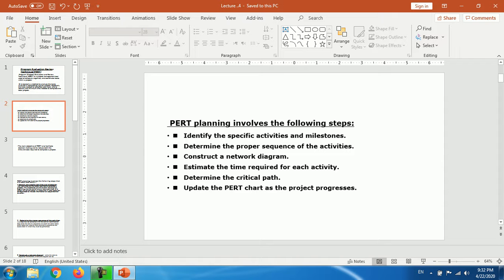Number 3. Construct a network diagram. Number 4. Estimate the time required for each activity. Number 5. Determine the critical path. Number 6. Update the PERT chart as the project progresses.